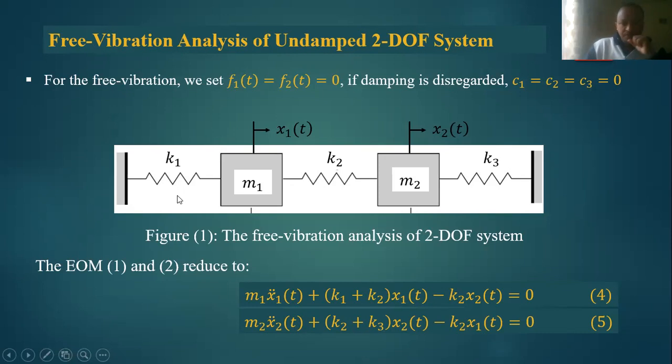In this, the general equation of motion given in 1 and 2 for the general case is reduced to this form. In this case, we section this part into two discrete parts.